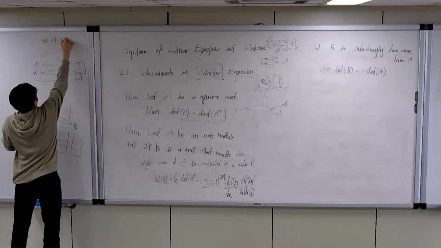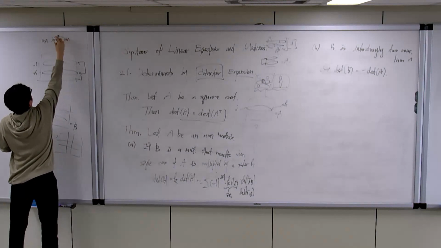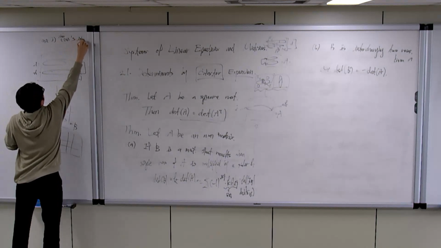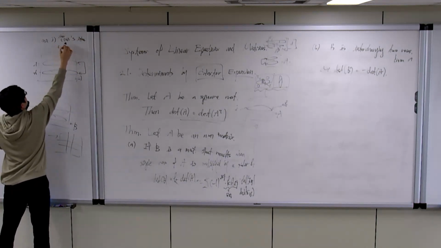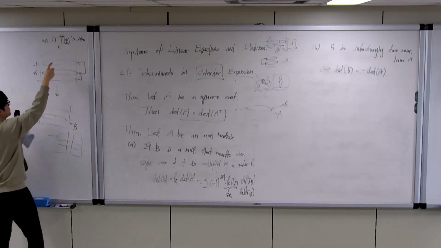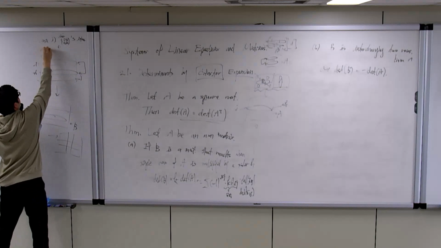One is interchanging two even rows, and of course two odd rows is the same case.